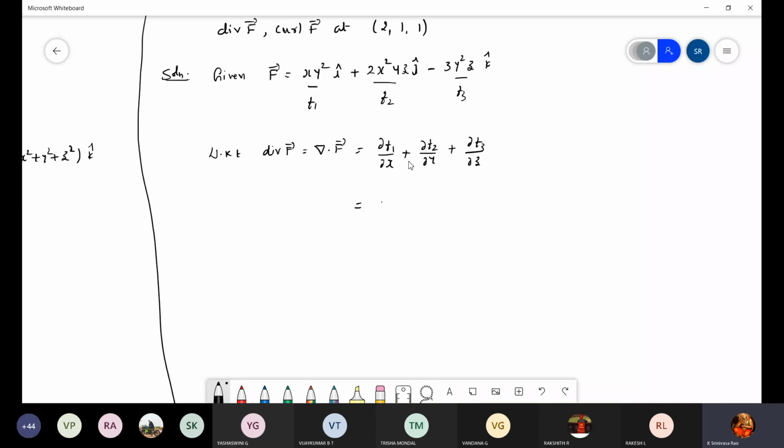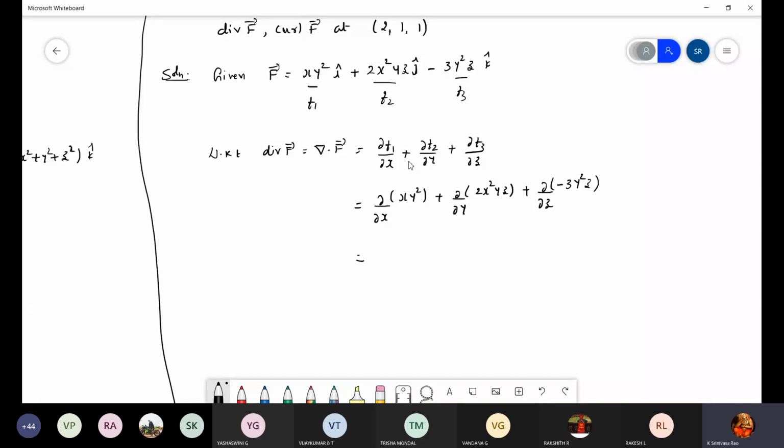Now dou by dou x of f1, xy square, plus dou by dou y of 2x square yz, plus dou by dou z of minus 3y square z. See here, the negative sign is there.